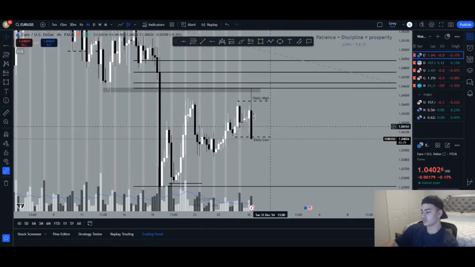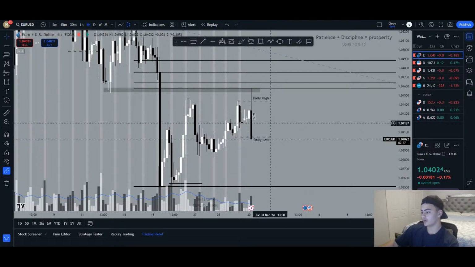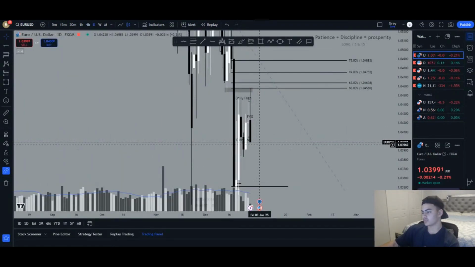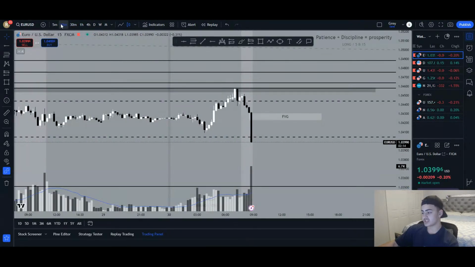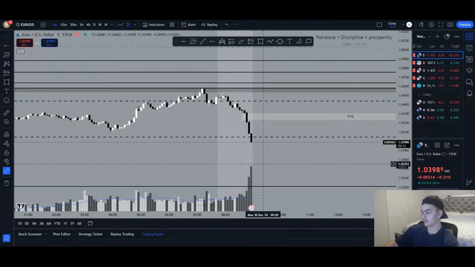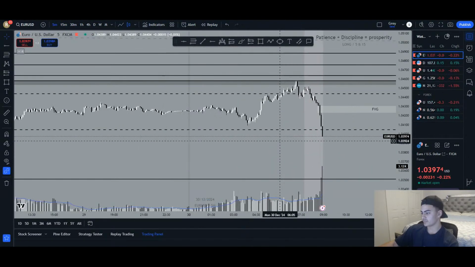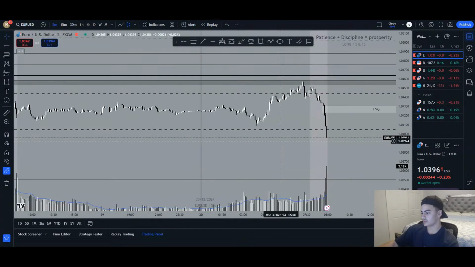The 4 hour is closing beautifully for bearish. Daily looks bearish also. Look at that. Yeah, no, it's a bearish day today. And it's still pushing down. Wow. The market is still pushing down.